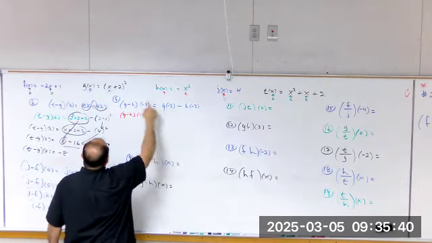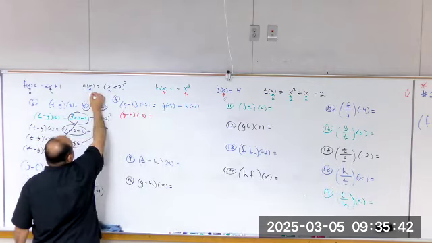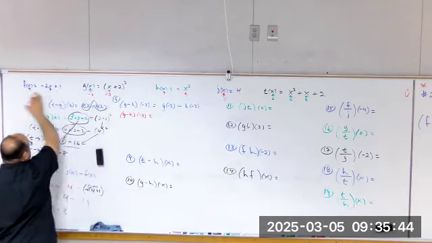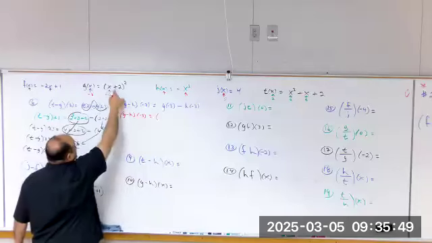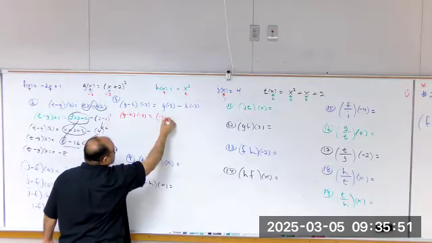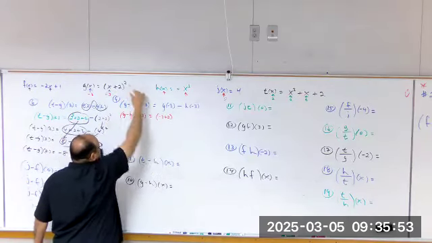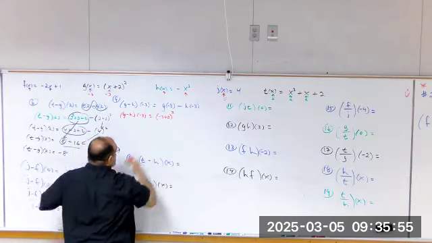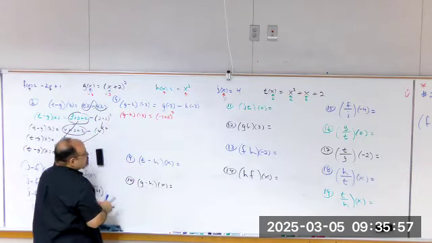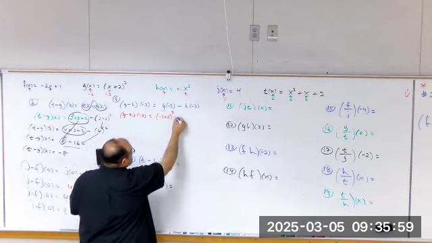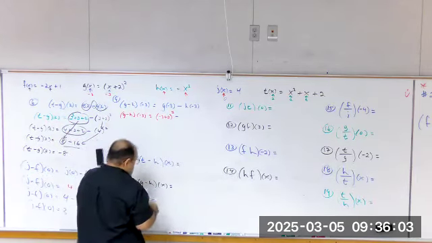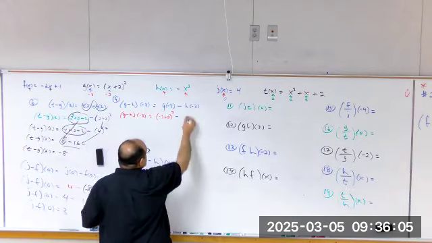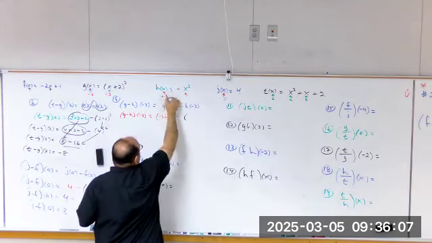For E of negative 3, we plug negative 3 into the g function. So we're going to get parentheses, negative 3 plus 2, and then you square that answer. And then minus. Negative 3 goes into the h function. So minus parentheses, negative 3 goes in here.